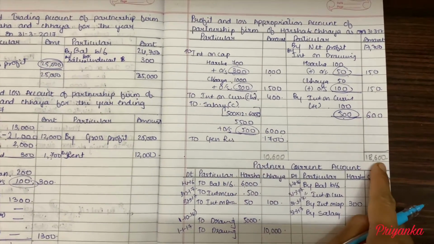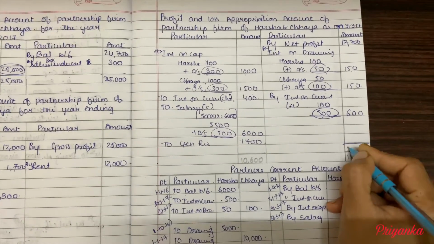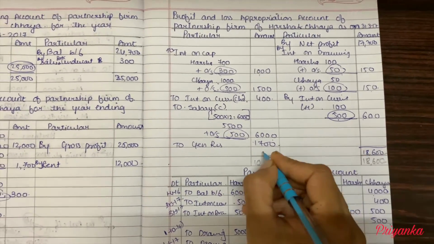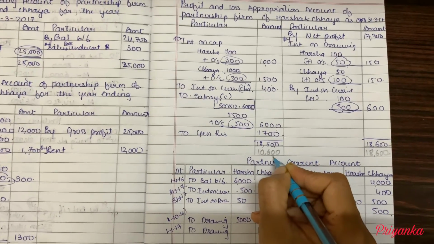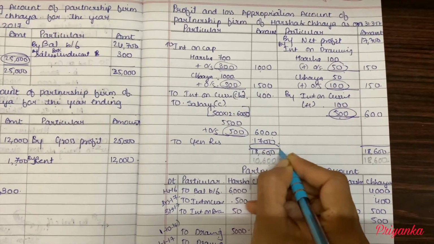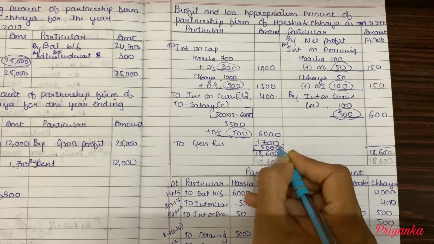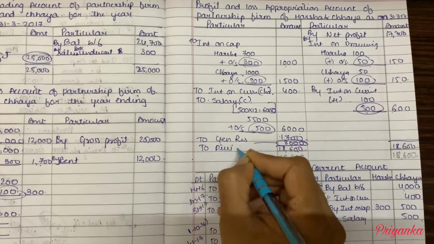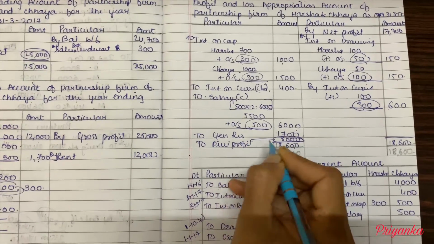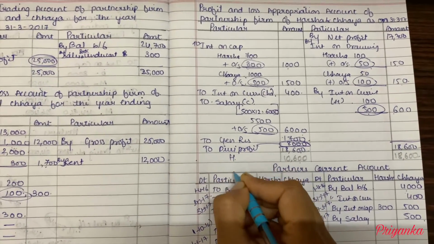10,600. Again, this one is more, so I'm going to write 18,600 on both sides, and we'll subtract the 10,600. Here we get the difference of 8,000, and that's your divisible profit, which is going to be distributed between Harsha and Chaya.